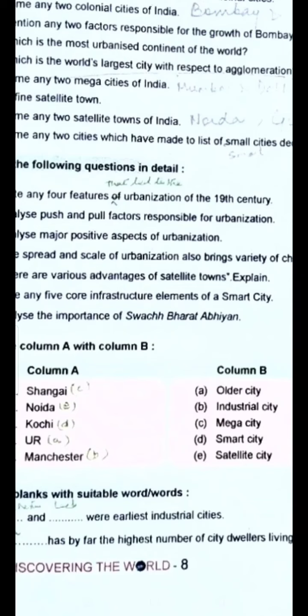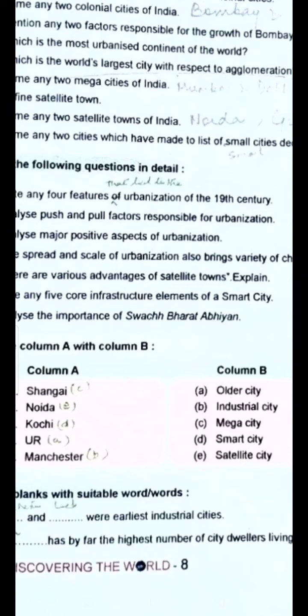Number 2, Noida, E. It is a satellite city. D, Kochi. Kochi is supposed to be a smart city. Ur, it is a very old, ancient city. So A. Manchester, B. It is an industrial city.